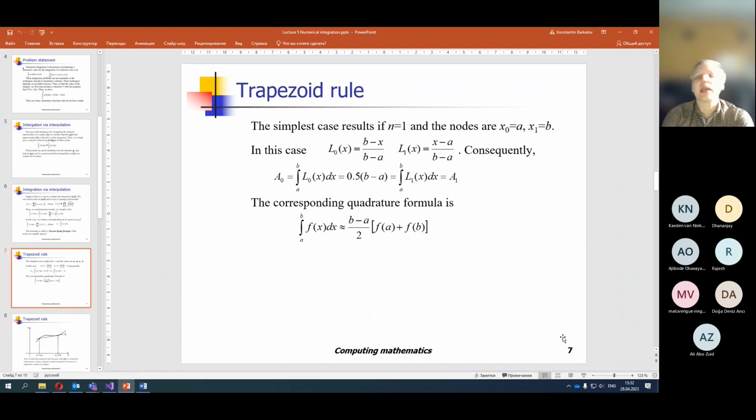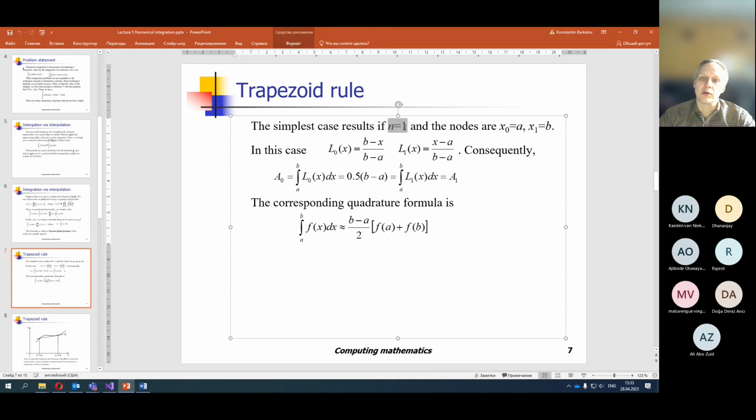The simplest case of a Newton-Cotes formula is the so-called trapezoid rule. What is the trapezoid rule? It's a formula that we obtain if we consider the interpolating polynomial of degree 1 and the nodes x0 equals a and x1 equals b.